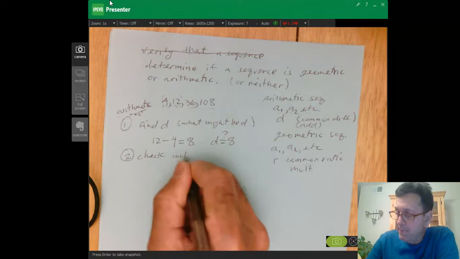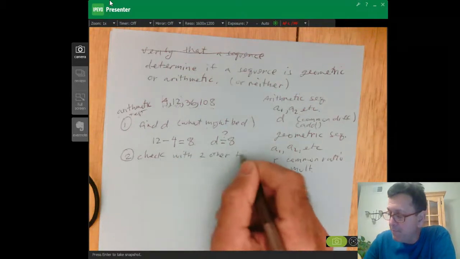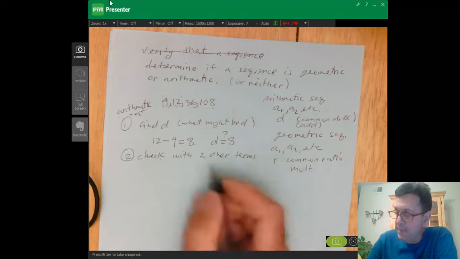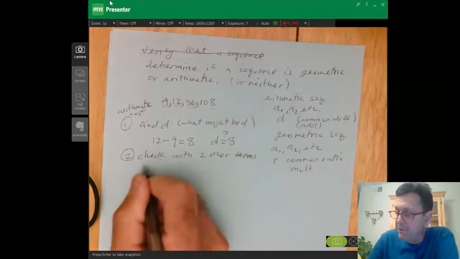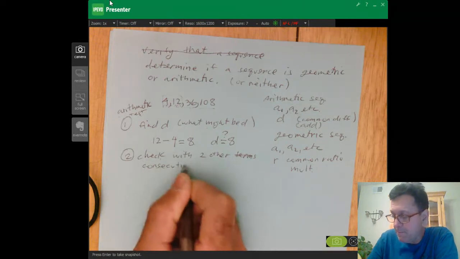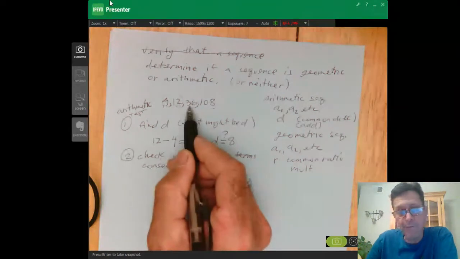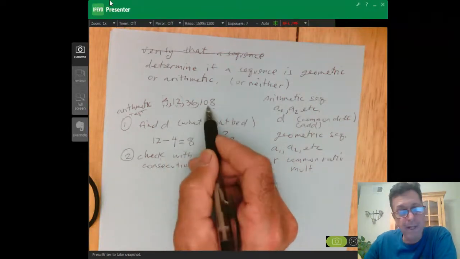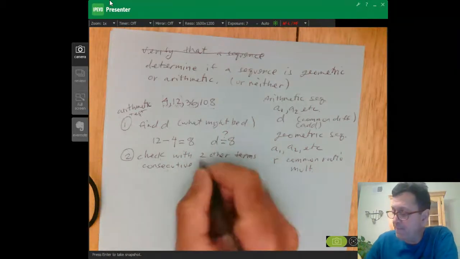So we'll check with two other terms, and instead of saying other, maybe I should say consecutive. They still have to be consecutive. So we can't use 4 and 36. We can use 12 and 36, or 36 and 108, but they have to be consecutive, or one after another.